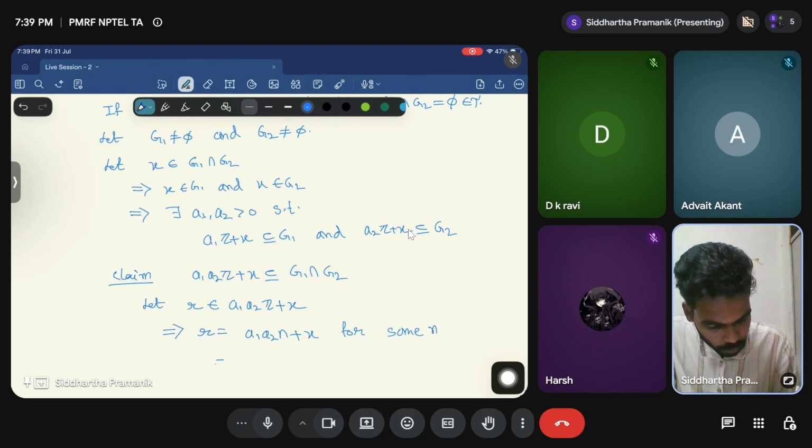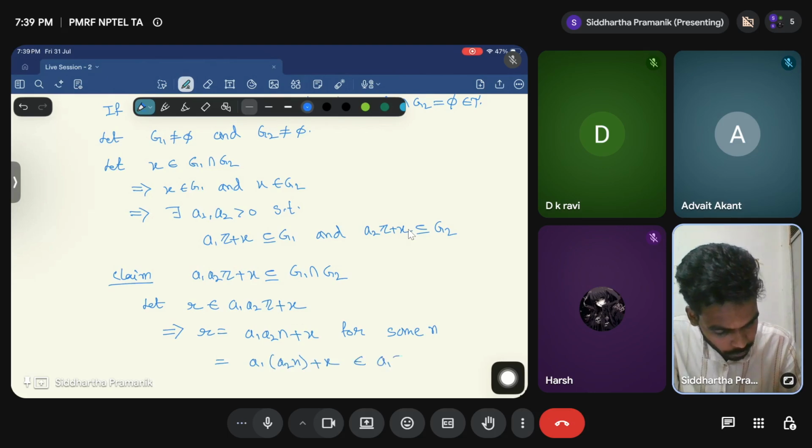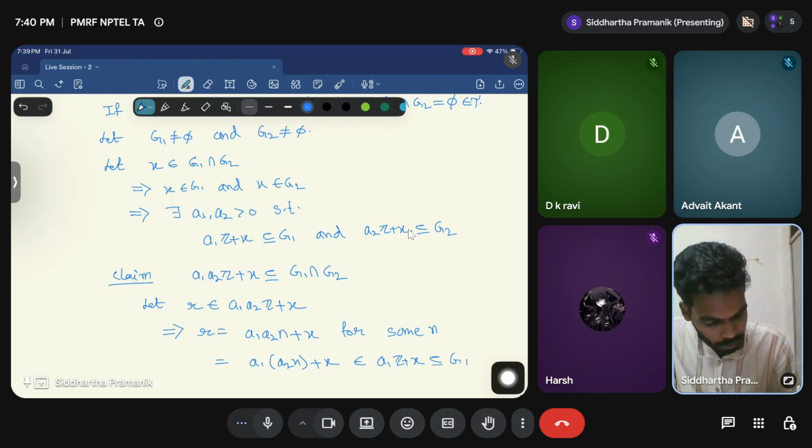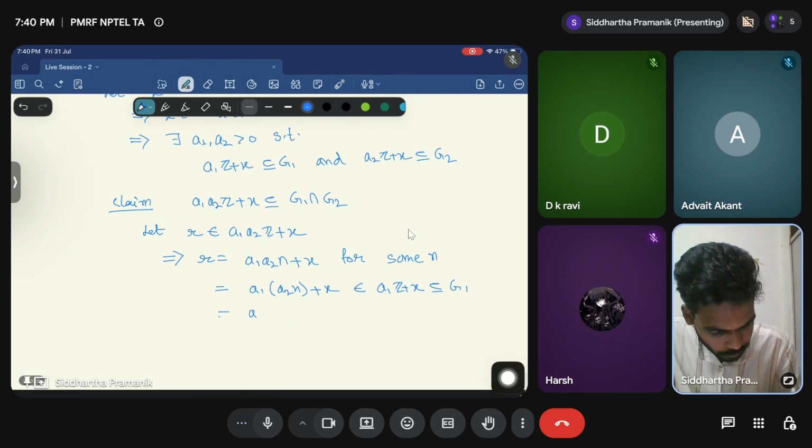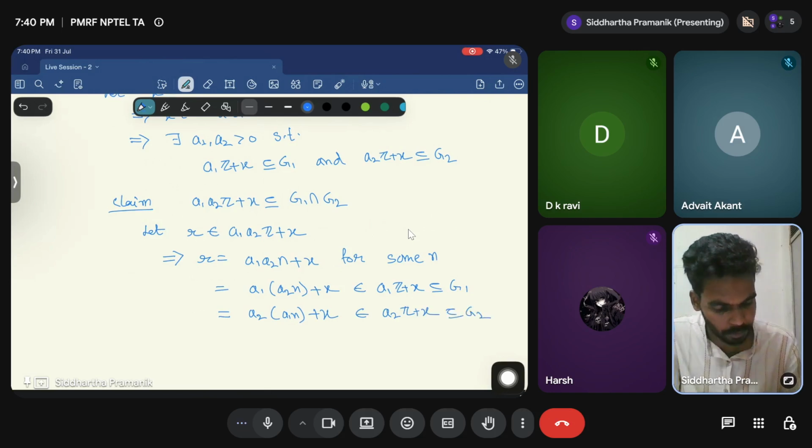Now you can write this as a1 times (a2n) plus x, then it belongs to a1Z plus x, a subset of G1, or you can write this as a2 times (a1n) plus x, and this will belong to a2Z plus x, and this is a subset of G2, but this is the same element.